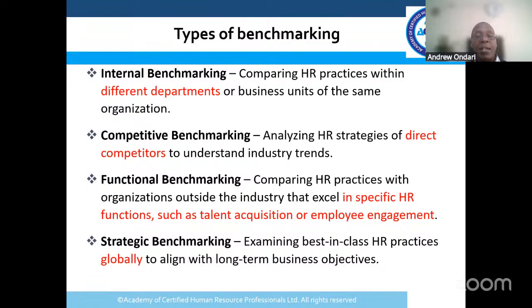and focusing on the same employees with a view to attracting and retaining them.